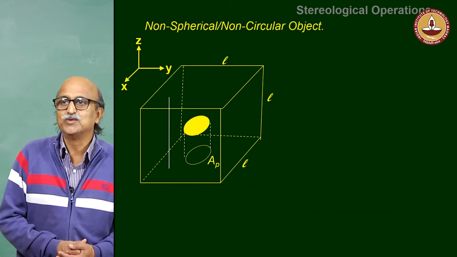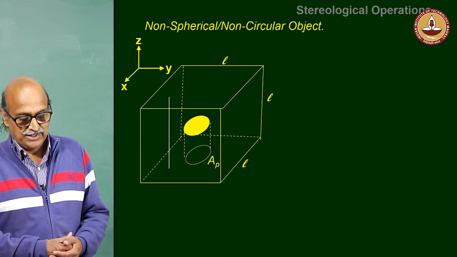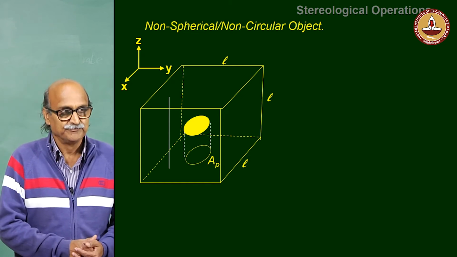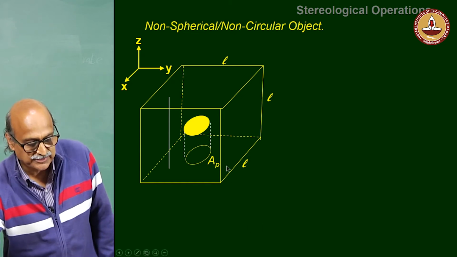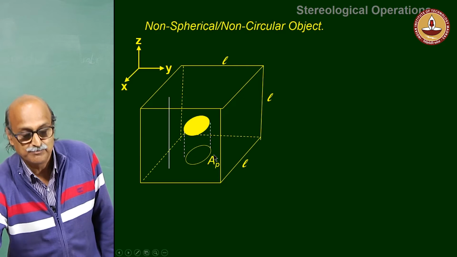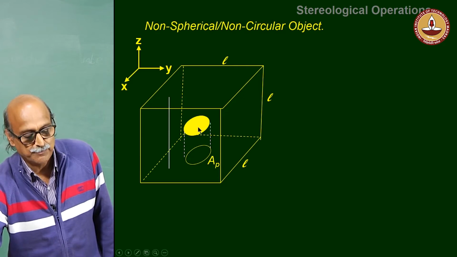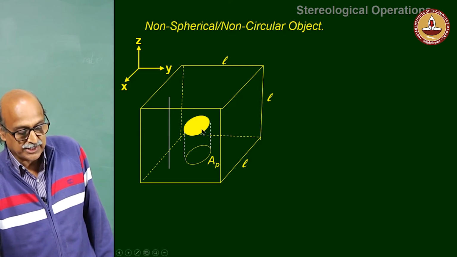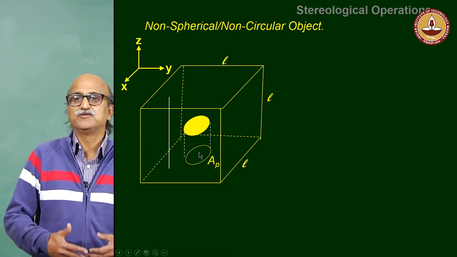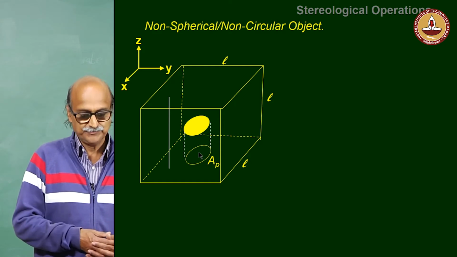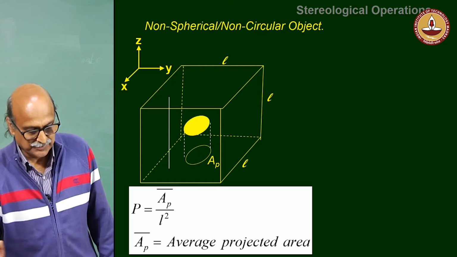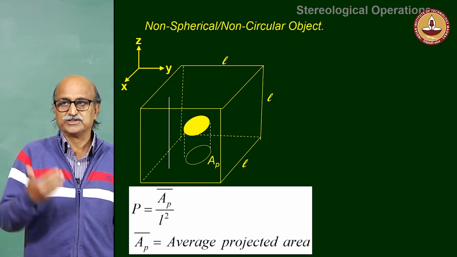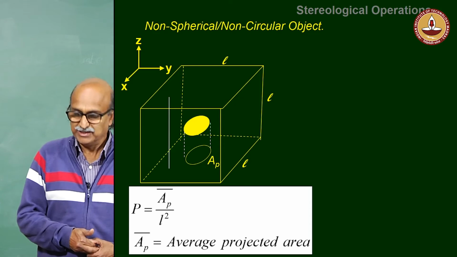Similarly, you have a non-spherical object, and what would be the probability of a line probe cutting this object? Well, now the projected area of this object, which is A sub p here, is going to depend on the orientation of this object. So, again we have to come up with an average projected area and obtain the probability as the average projected area divided by L square.